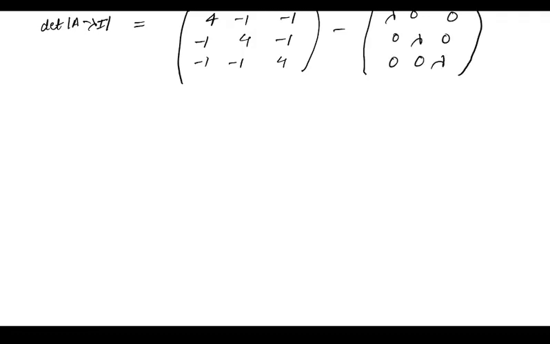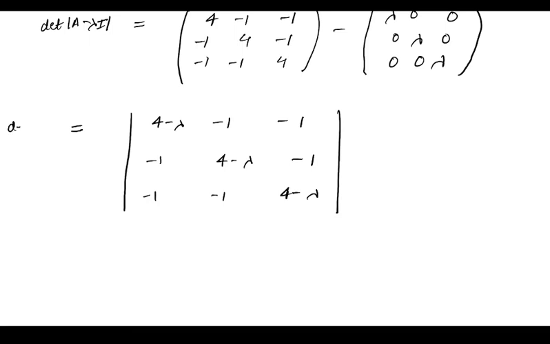So the determinant of A minus lambda I will be the determinant of the matrix with 4 minus lambda on the diagonal and -1 elsewhere. This determinant should be equal to 0.